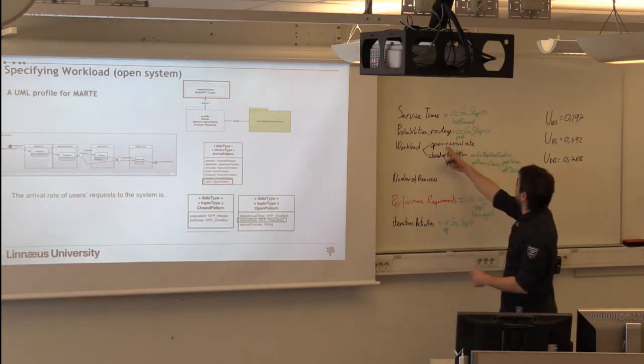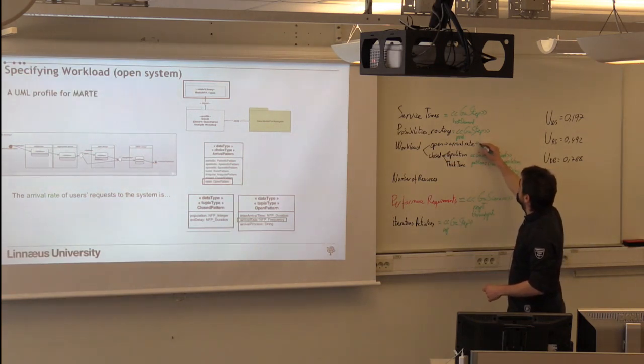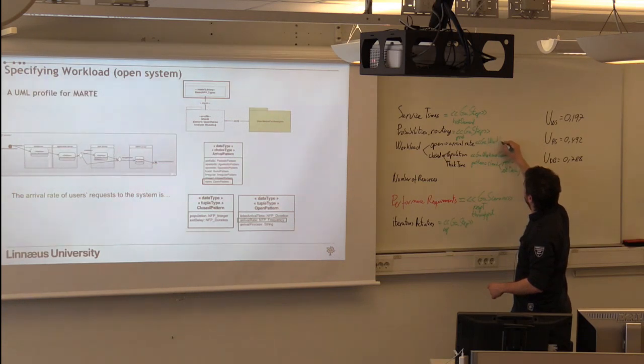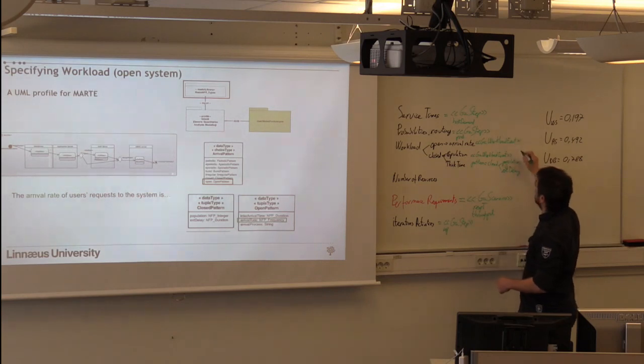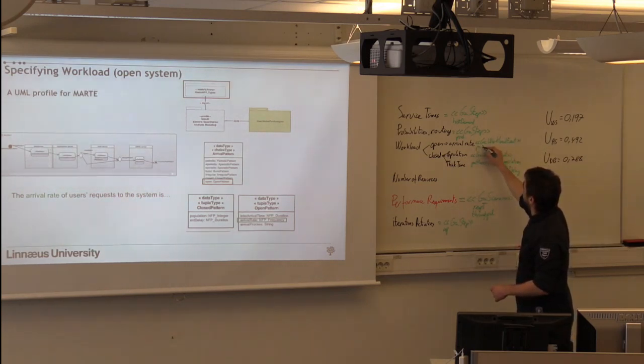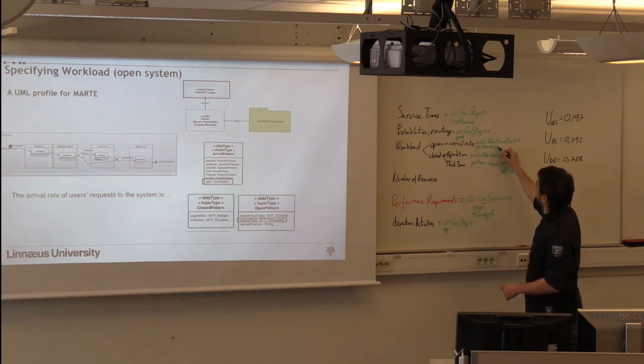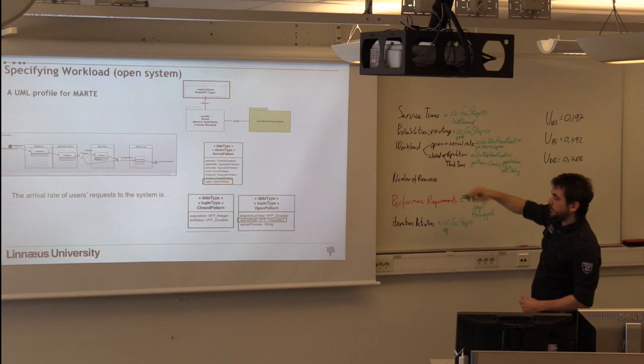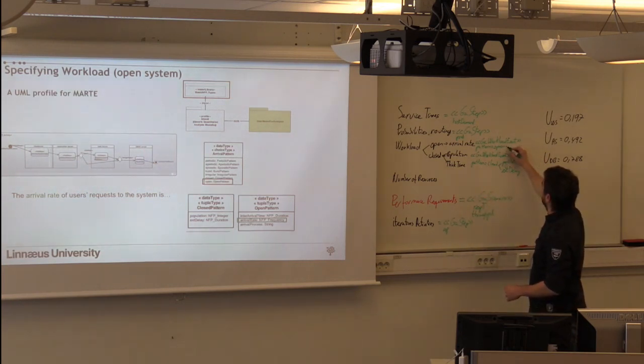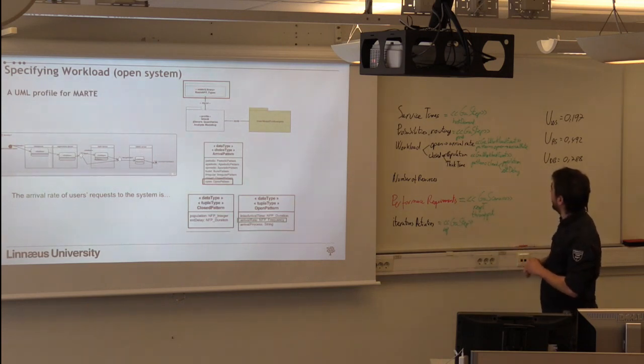So if we have an open arrival rate, we will still use the same GA workload event stereotype, and with the pattern tag, it will be open, that in turn this open we will use the arrival rate attribute.